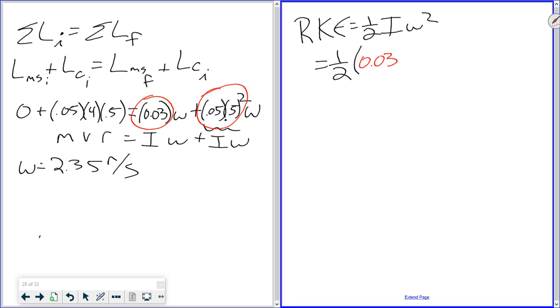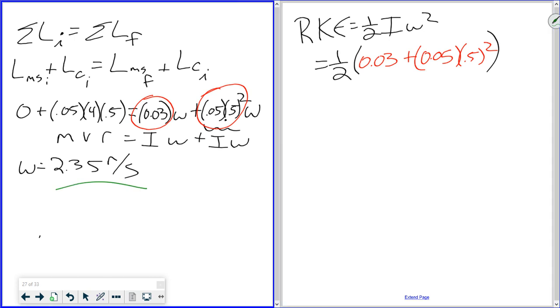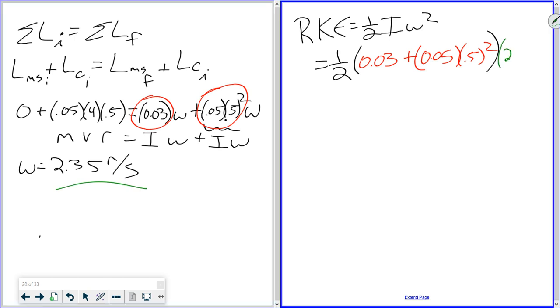Meter stick plus clay. So that's our I times omega squared. So the rotational kinetic energy then turns out to be 0.117 joules, right?